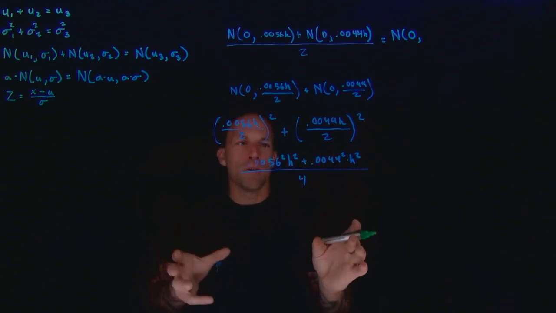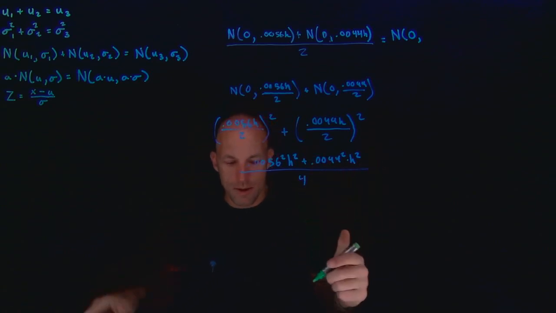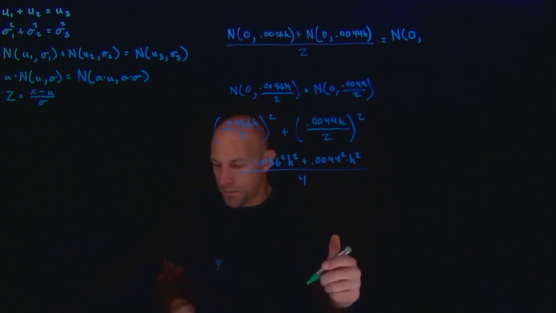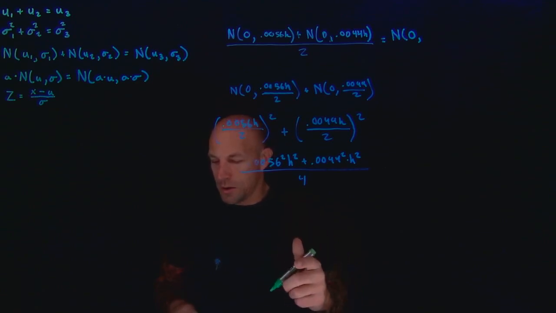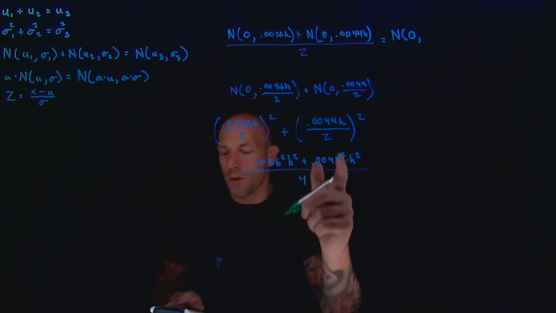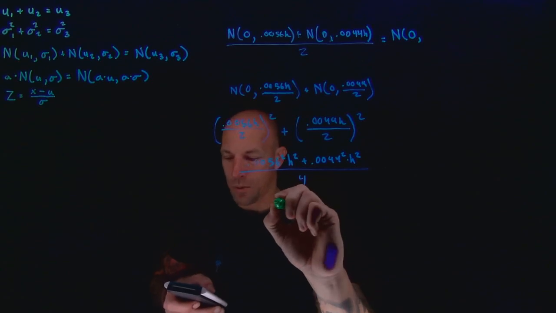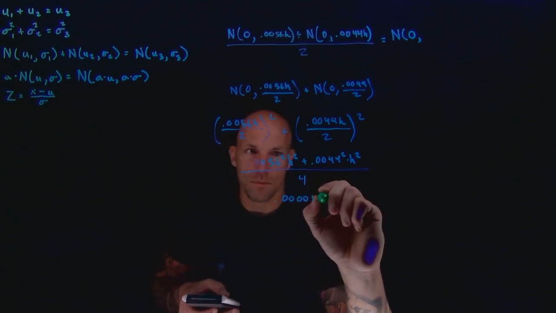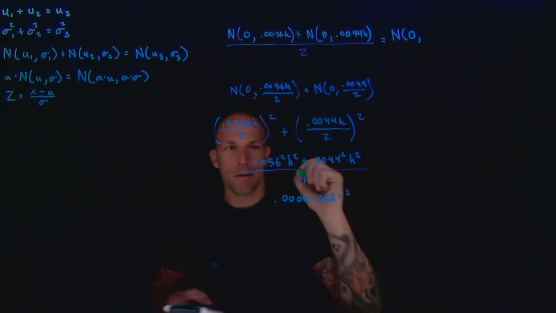And then from here, it's just straightforward math, right? We can create a single term on top and divide that term by 4 if we want. So when you sum 0.0056 squared and 0.0044 squared and then divide by 4, what you get is 0.00001268 h squared.